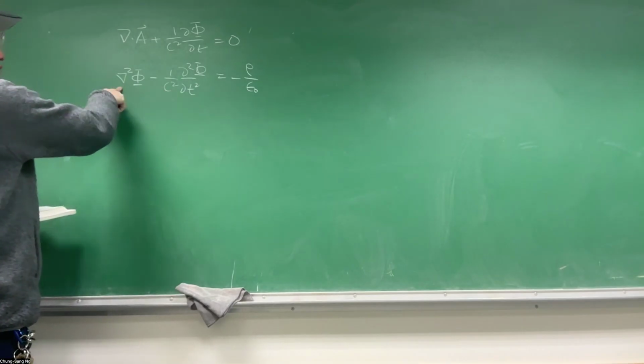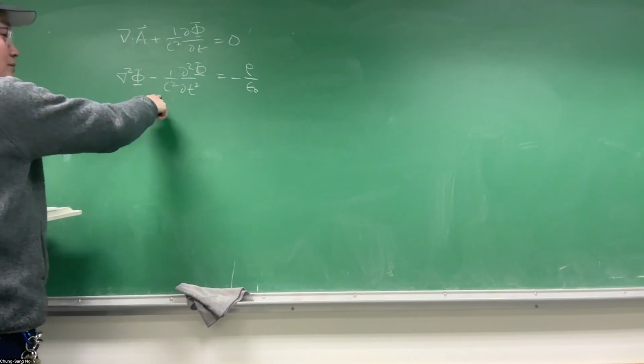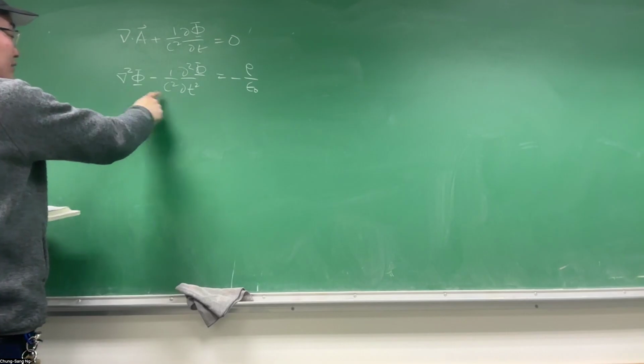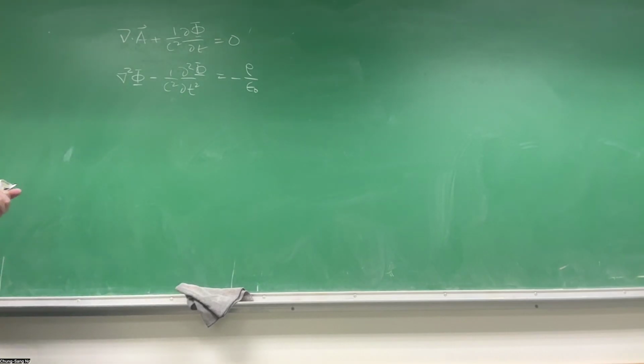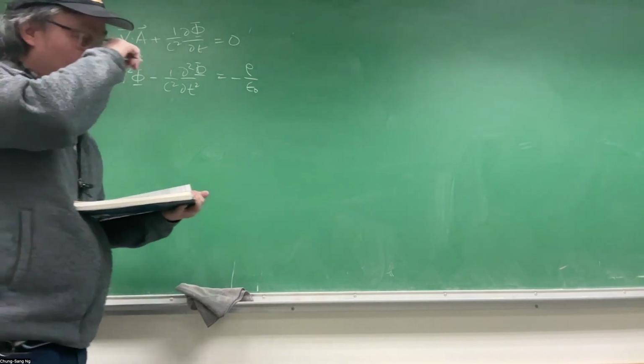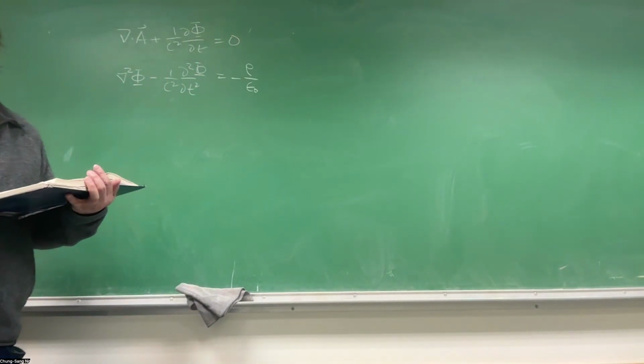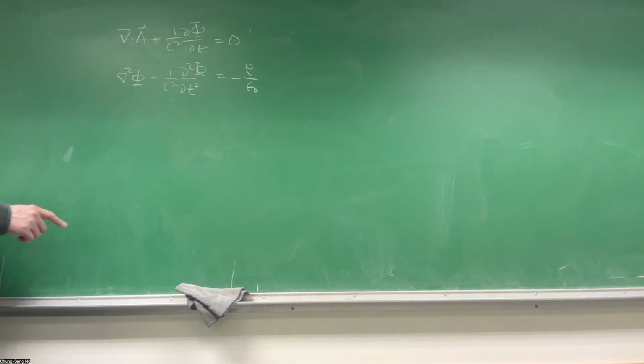The operator has a Laplacian minus 1 over c squared second time derivative. There's actually a name for this operator. It's very common. I think it's called the D'Alembert operator. I don't know whether you've heard of it.